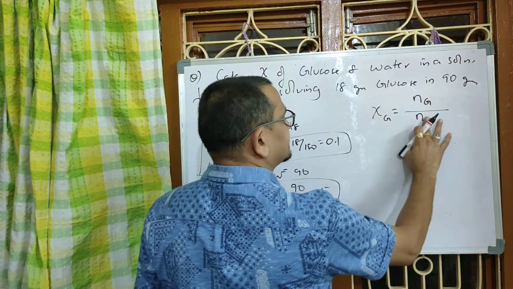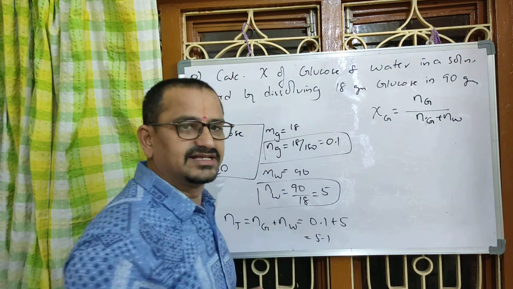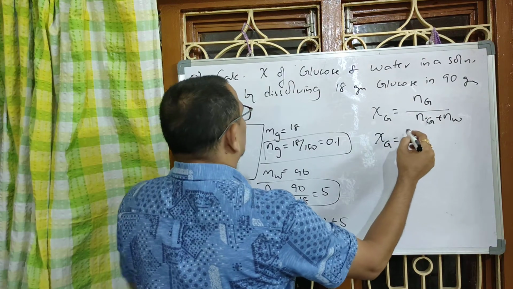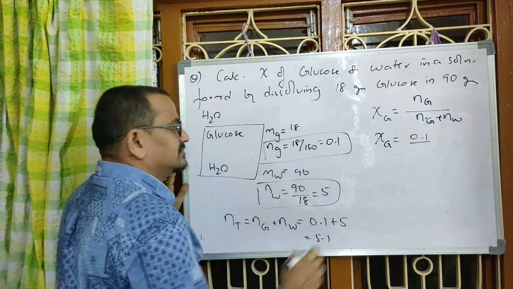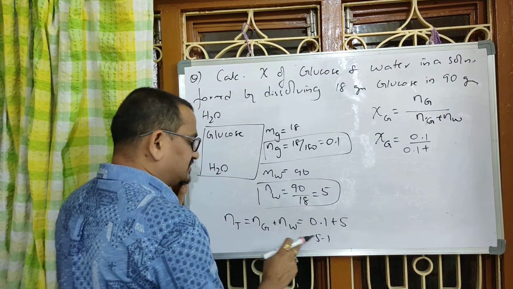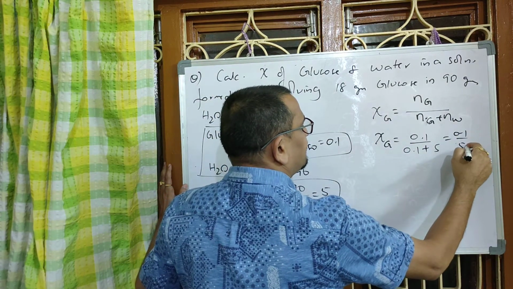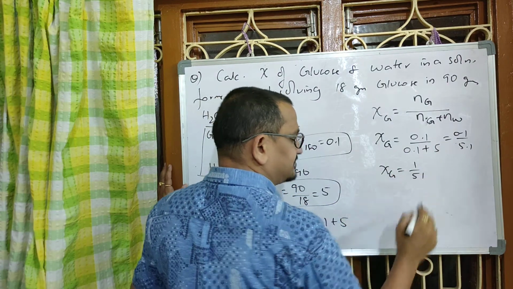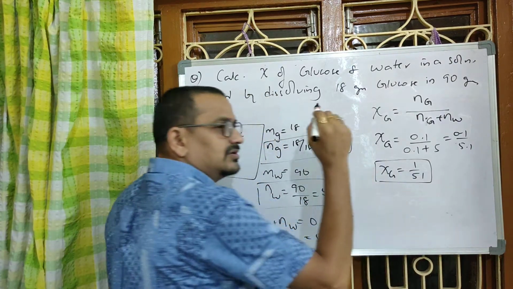The mole fraction of glucose equals 0.1 by 0.1 plus 5, that is 0.1 by 5.1, or 1 by 51. We calculated that for glucose.